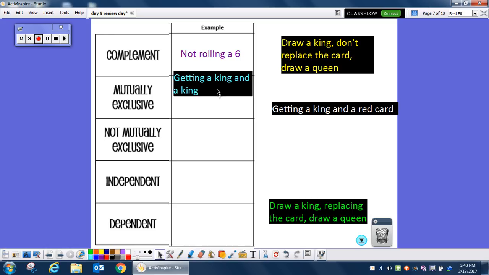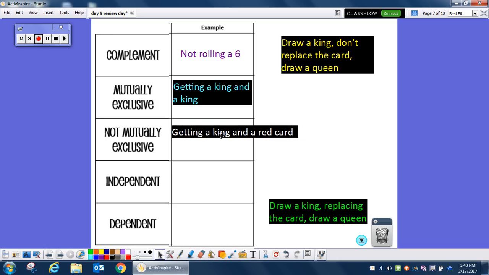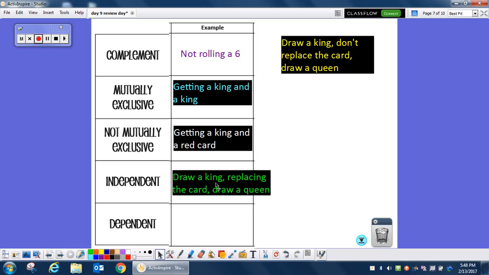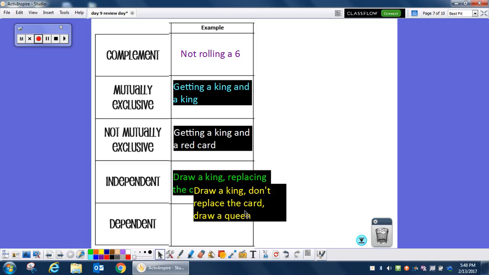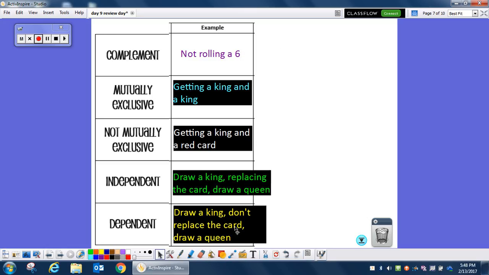Or getting a king and a jack, you can't get those at one time either. Not mutually exclusive, getting a king and a red card, because you can be a red king, a king of hearts or a king of diamonds. Now independent is when you replace the card, and dependent is when you don't replace the card.